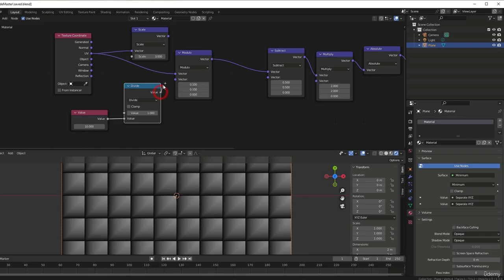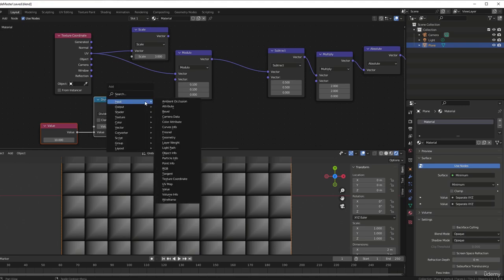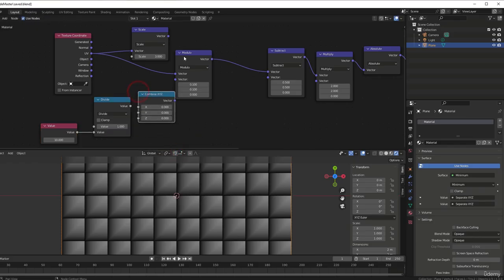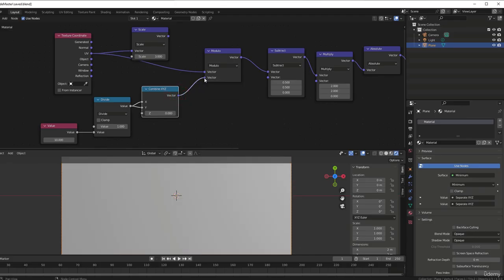Now you can see this is gray and this is blue. Should we do everything correct, then we should send in this only for the top 2. So here we need some combine. So we press Shift A and then we go to converter and we select combine XYZ, which will take all our values that are scalar or single values, and we would like to use it for X and Y, and then we just put it into the modulo here.